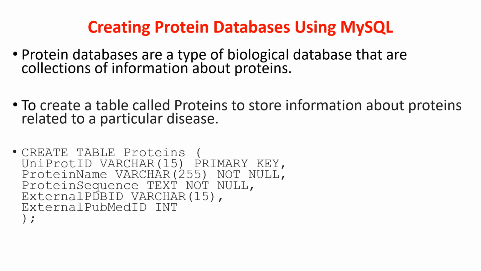So just like in our previous lecture when we talked about creating a table, when you create a table that is called proteins, you use the command CREATE TABLE. Then the name of the table, in this case, is Proteins.